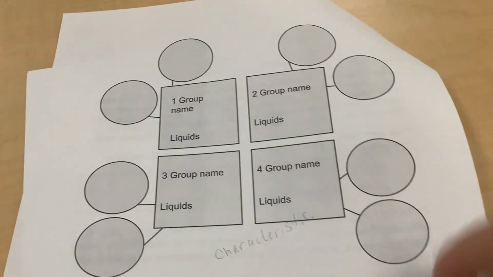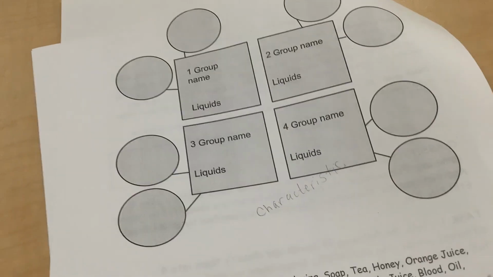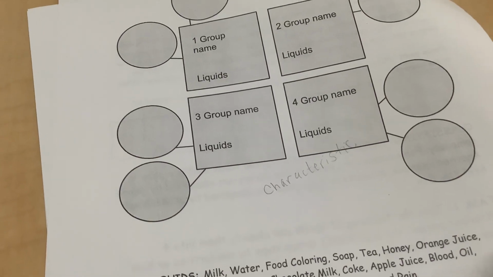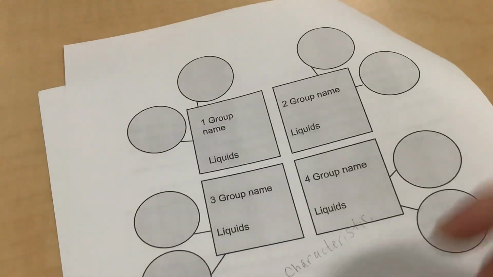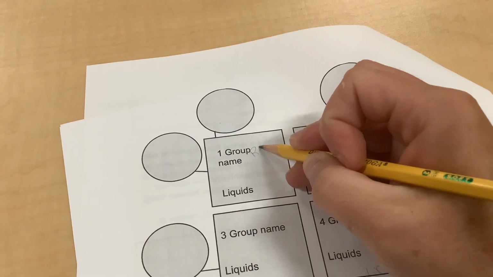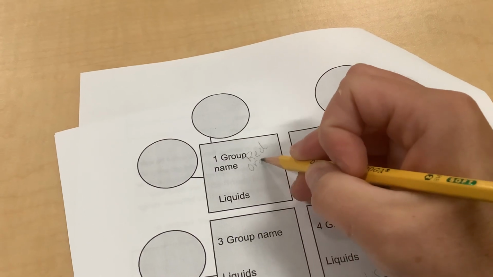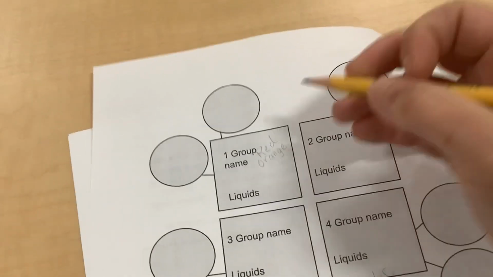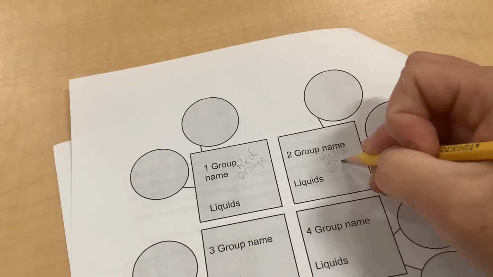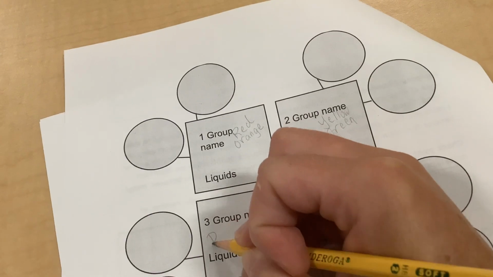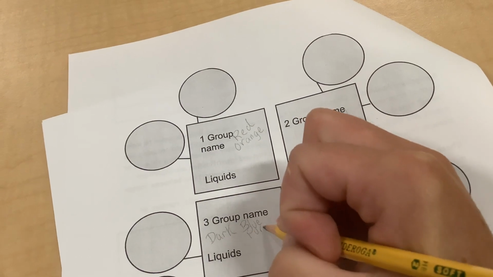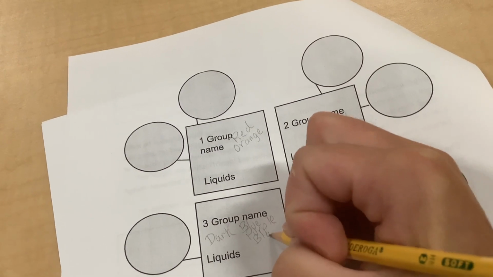So let's say that I am going to group them by colors. So I'm going to group them by colors by, let's say, red, orange, yellow, and green, and dark colors like blue, purple, and maybe black.